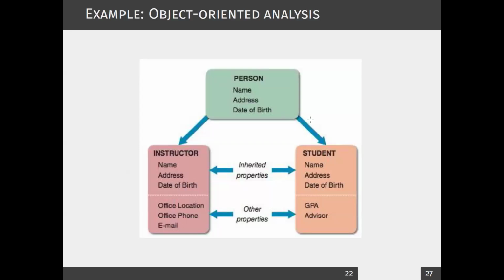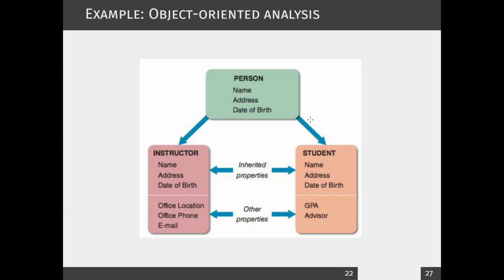The next one, what you notice, is a simple example of object-oriented analysis. And when you learn about object-oriented programming, you will get to know it better. So in this one, you see three different objects: the person, instructor, and student. And you can notice that person is common to both instructor and student, which means any person can have a name, address, and date of birth, right?